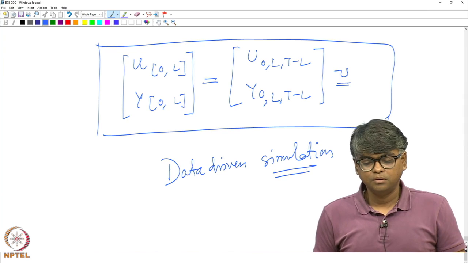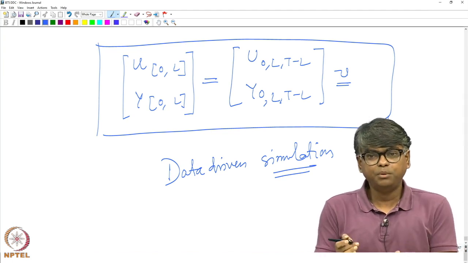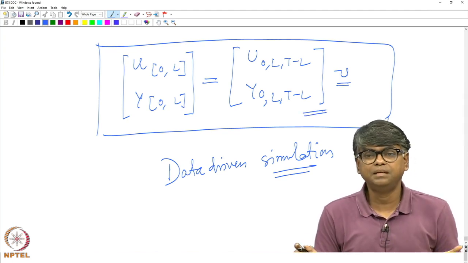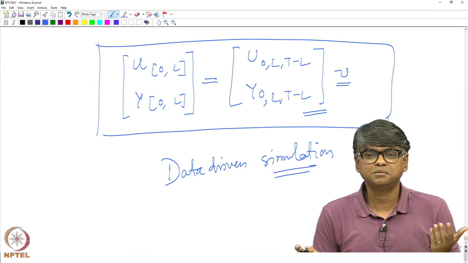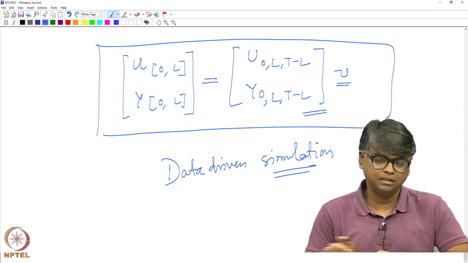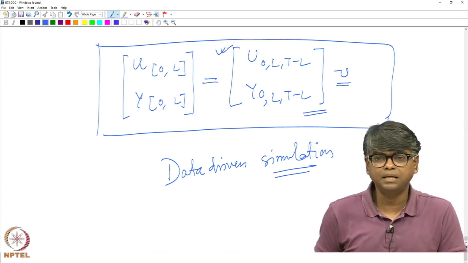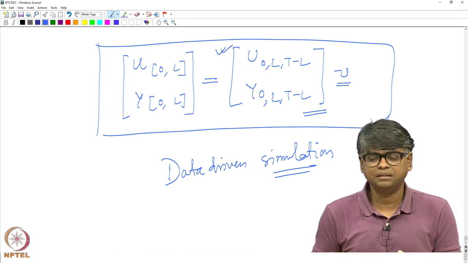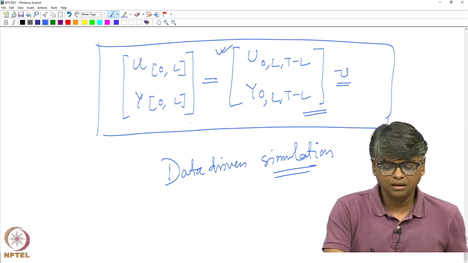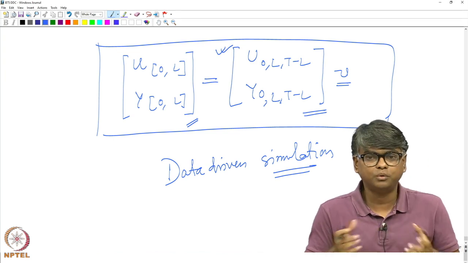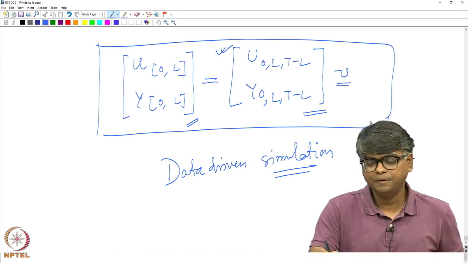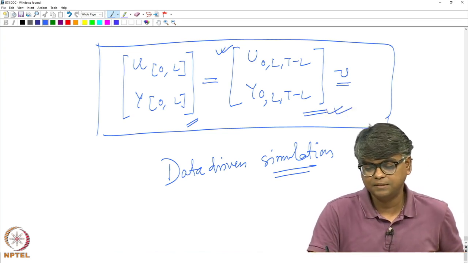Perfect, no? See the beauty here, I do not need ABCD matrices, I do not need to know ABCD matrices, just assume that the input is persistently exciting of order L plus n plus 1 and then construct this matrix from the data, that means create the Hankel matrix essentially, and then every trajectory restricted to 0 to L timeline is actually given by a linear combination of the columns of these guys.